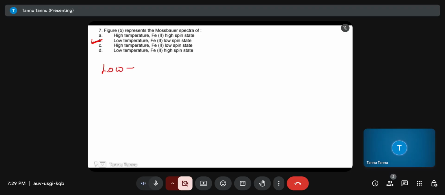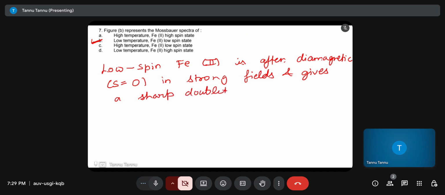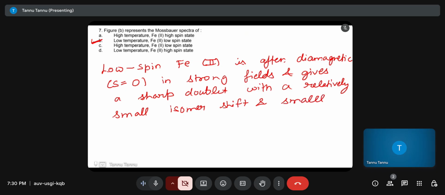So your low spin Fe2+ is often diamagnetic in strong fields and gives a sharp doublet with a relatively small isomer shift and small quadrupolar splitting.